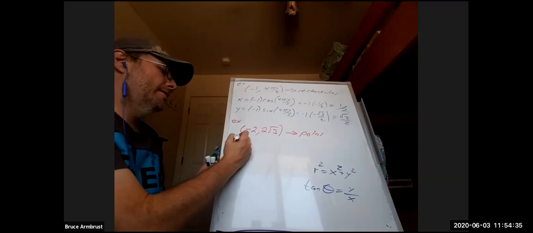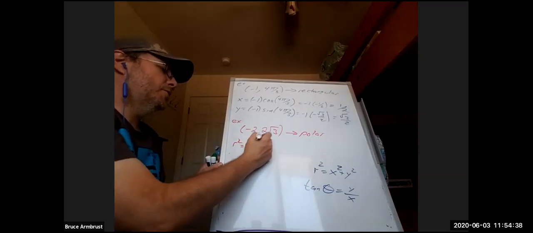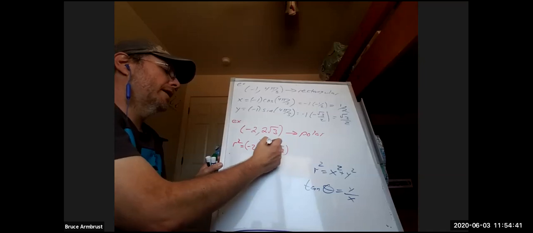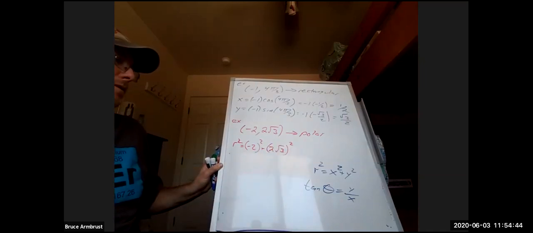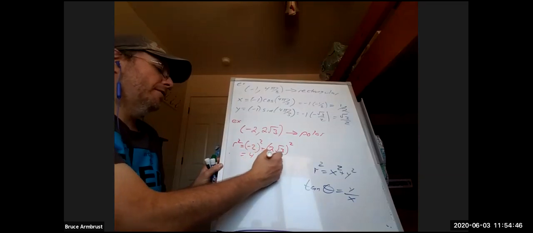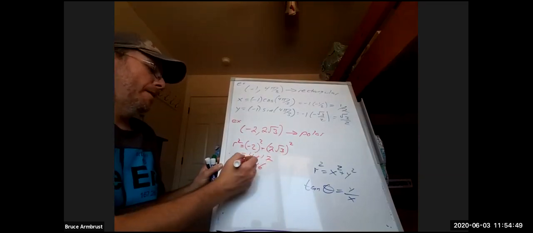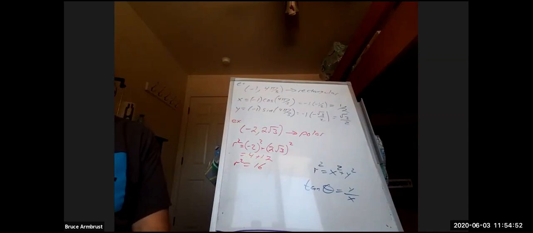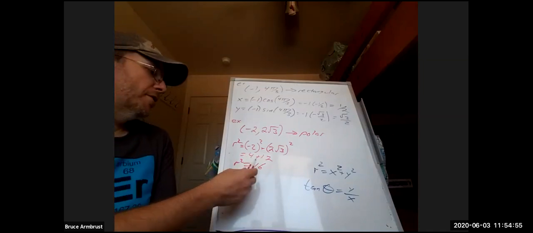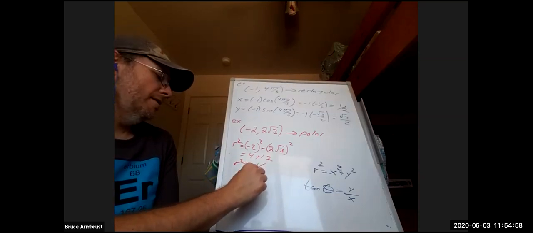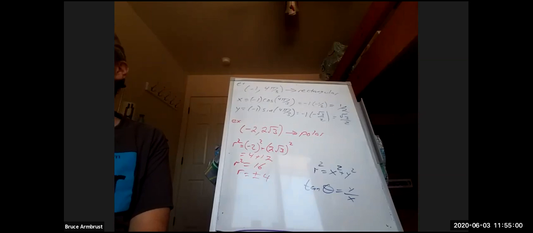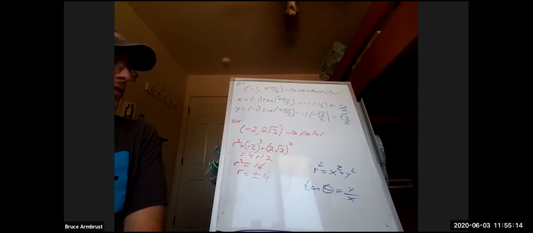So r squared, that's equal to -2 squared plus 2√3 squared, which is 4 plus 12 or 16. So I've got r squared is equal to 16. So in terms of my choices for r, I'm going to go ahead and put it plus or minus 4. So when we describe that location, we can use either +4 or -4. Obviously, those will lead to different angles, but we know that it's either 4 or -4.